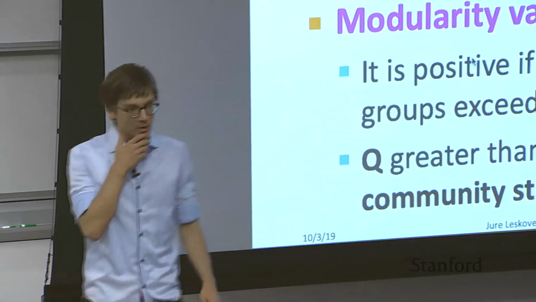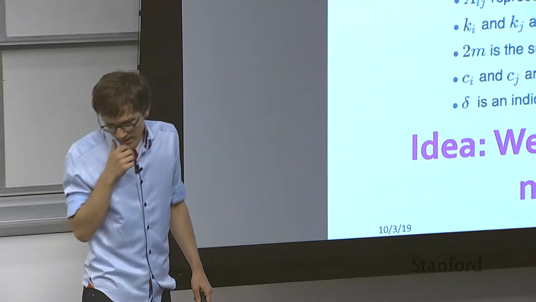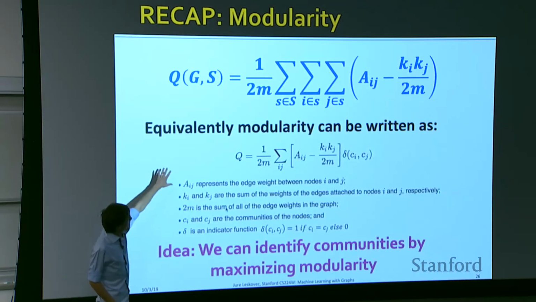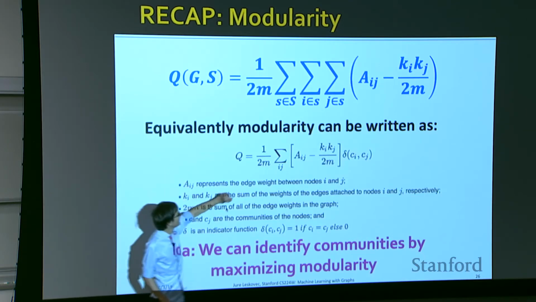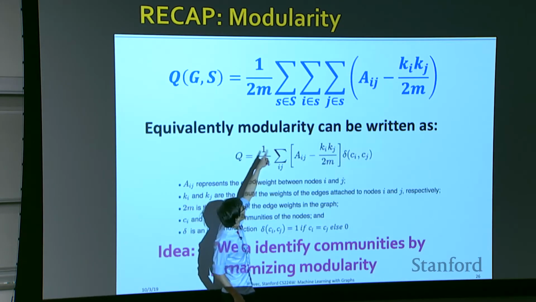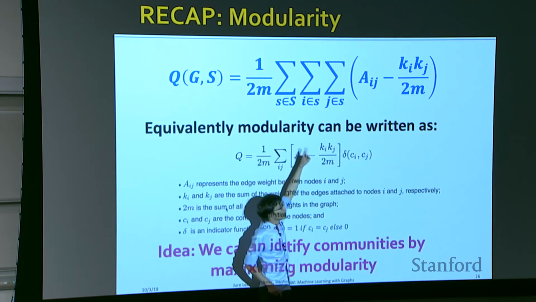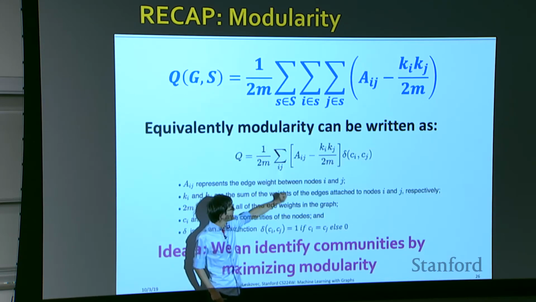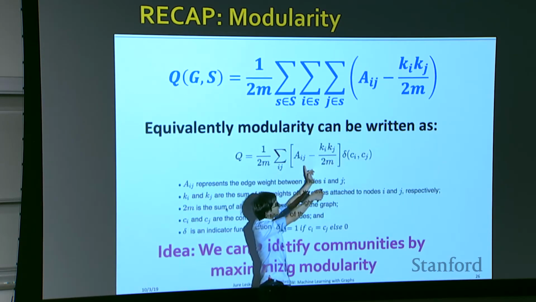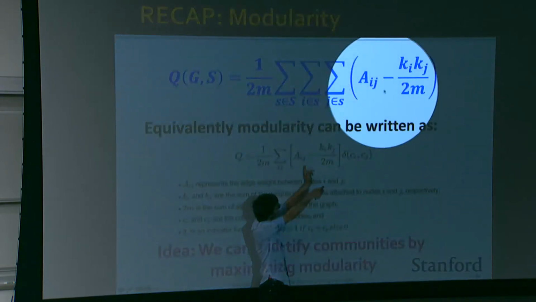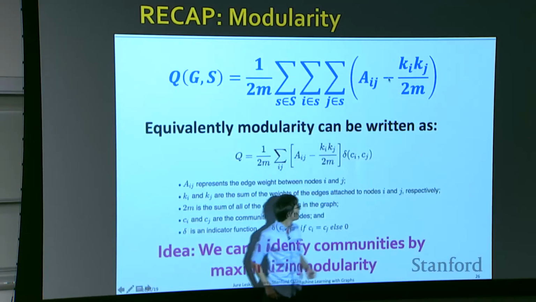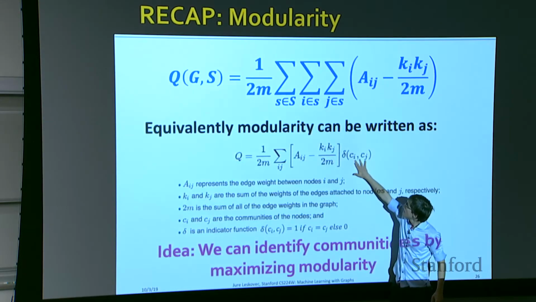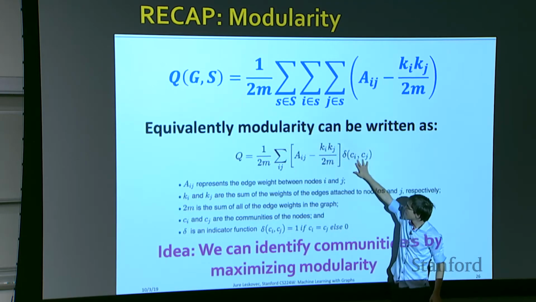So now we know how this thing is defined, and here I'm just showing the same formula again. Another way people sometimes like to do it is, rather than having a summation over all the groups and then over all the pairs of nodes in the group, they sum up over the entire adjacency matrix, taking the same term as up there, but with an indicator function that returns 1 if nodes i and j belong to the same group, and returns 0 if they don't.